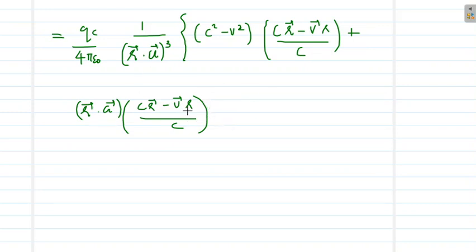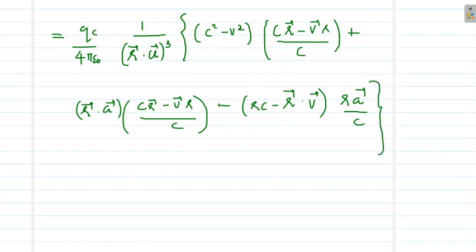You will see why we did it like that in the next expression, to bring a simplification to this equation. And the last term is minus of (Rc minus R bar dot V bar) into R A bar divided by c.